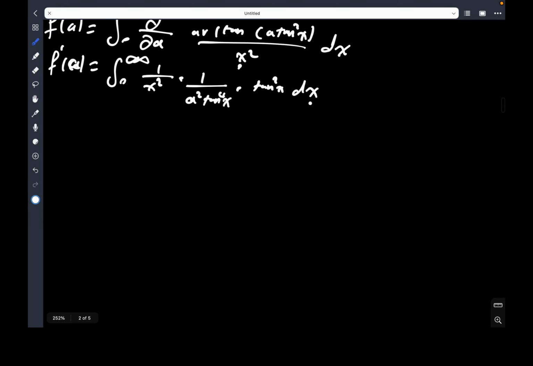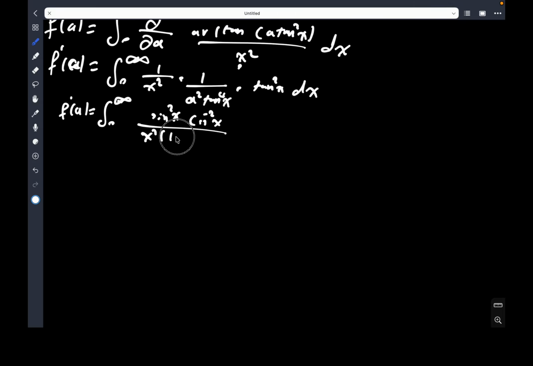And I'm going to write this f prime of a as sine squared x cosine to the power of negative 2x over x squared times 1 plus a squared tan to the 4x dx.